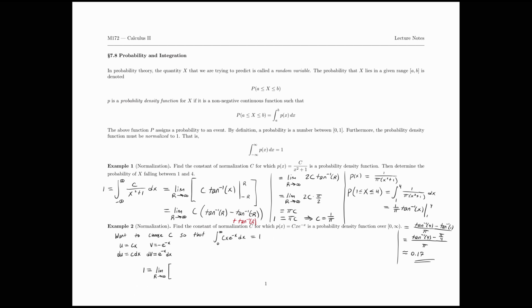So this becomes 1 equals the limit as r goes to infinity, u times v, so negative x e to the negative x from 0 to r, minus the integral from 0 to r of v. So v is a double negative, so the minus on the outside will turn to a plus, e to the negative x times our du, which is c dx.